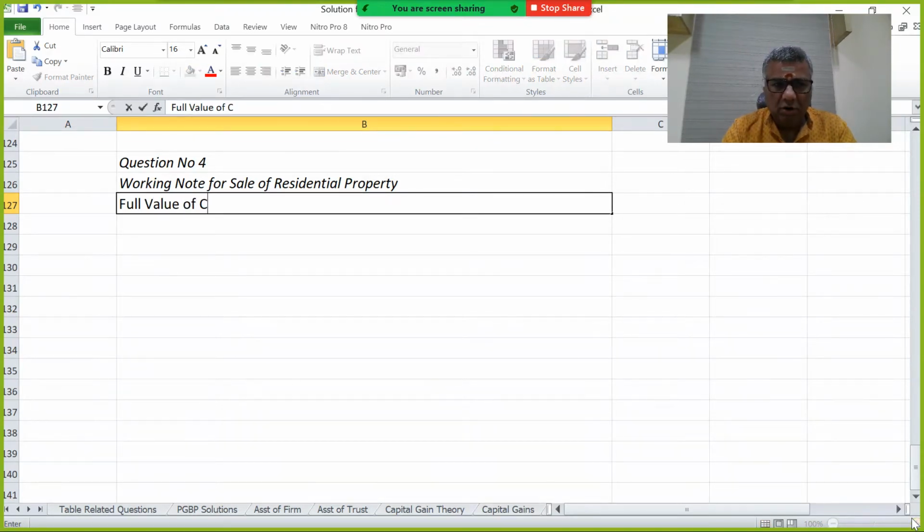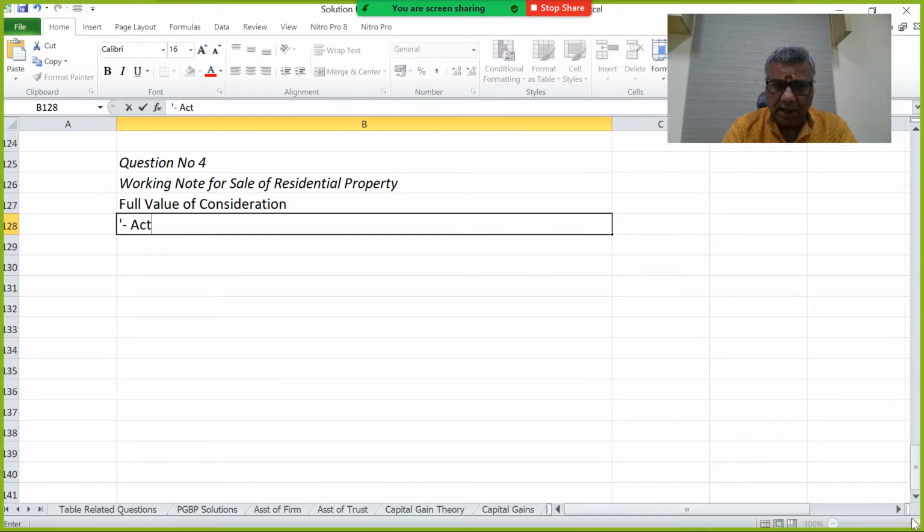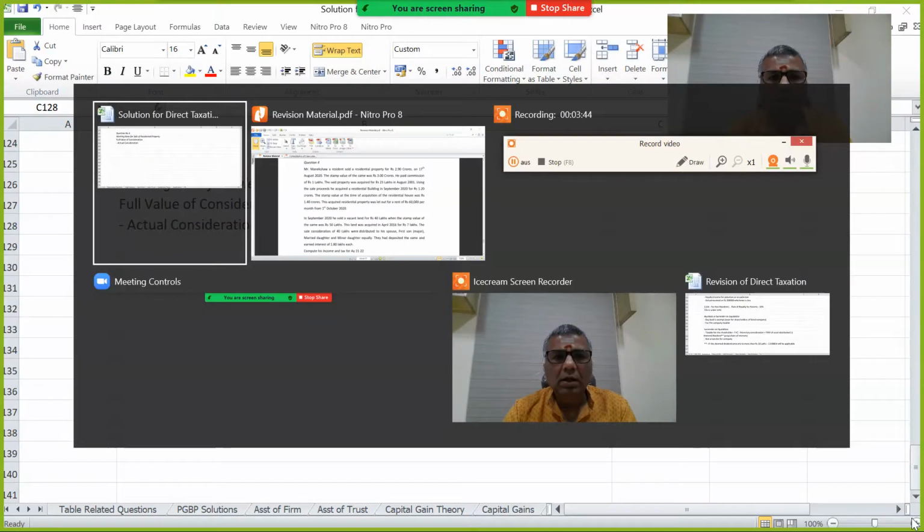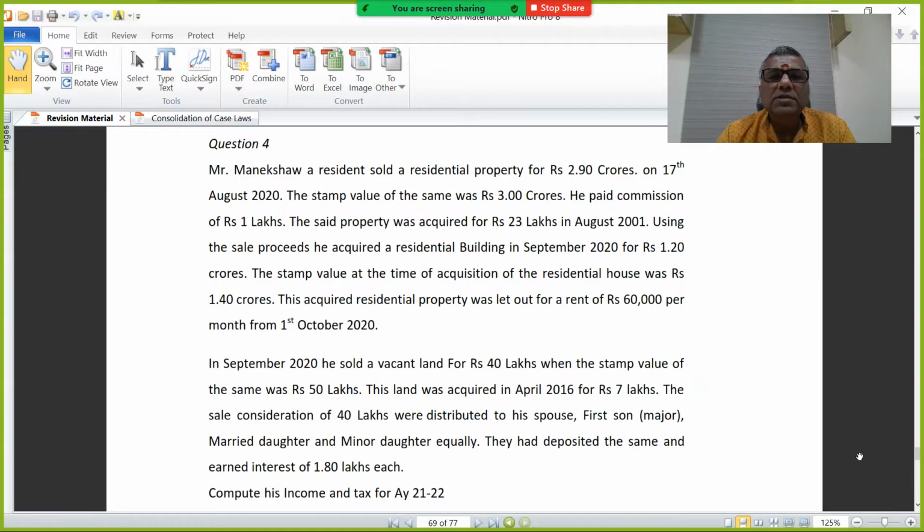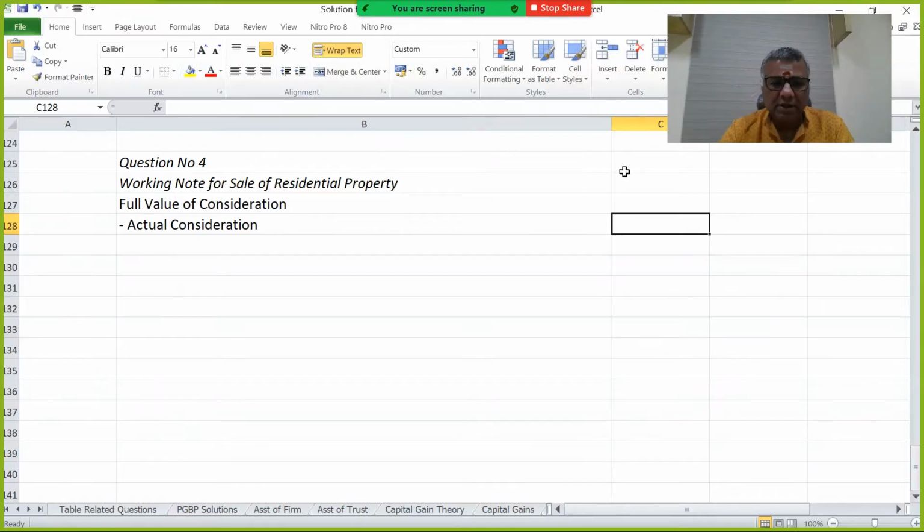Full value of consideration. In that, actual consideration is 2 crore 90 lakhs.